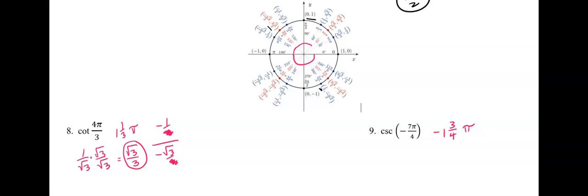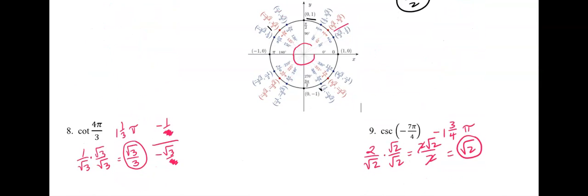That's the ordered pair that I look at. And cosecant is the reciprocal of sine. So you take sine, which is square root of 2 over 2, flip it over, and then rationalize. So you have 2 root 2 over 2, but these 2's can be canceled. And so we end up with the square root of 2.